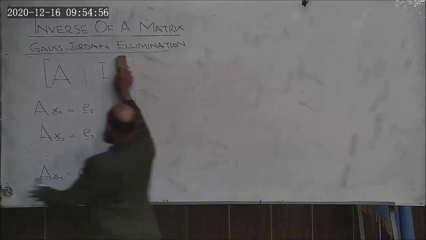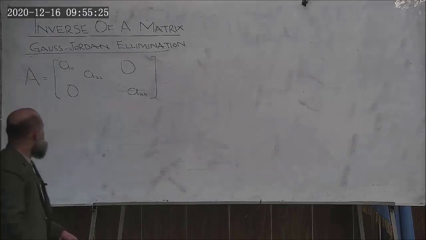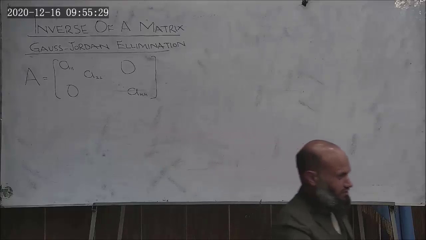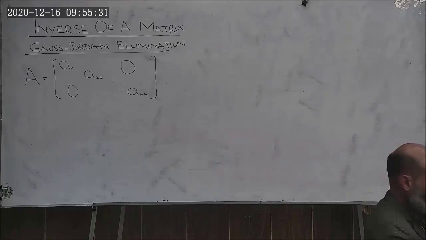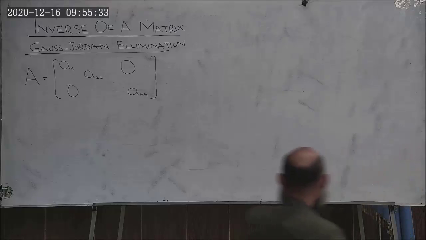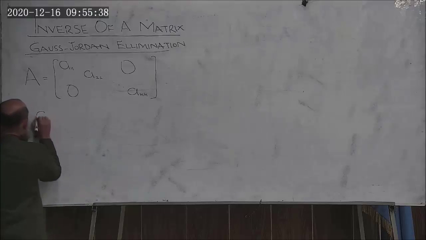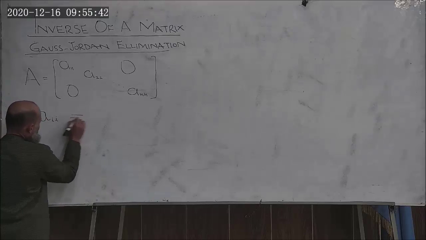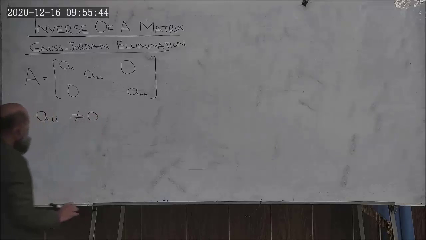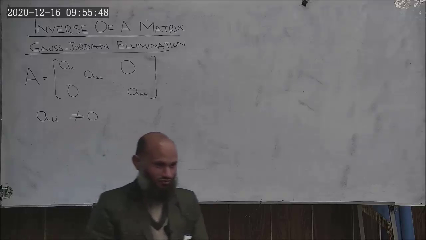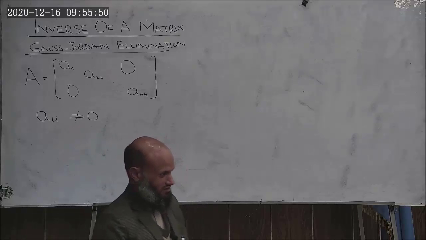What is inverse of a diagonal matrix? So if A is a diagonal matrix, non-zero entries on the diagonal only, other entries are 0. So inverse of this matrix exists if all of these diagonal entries are non-zero. If all of them are non-zero, then only then inverse exists for this matrix.